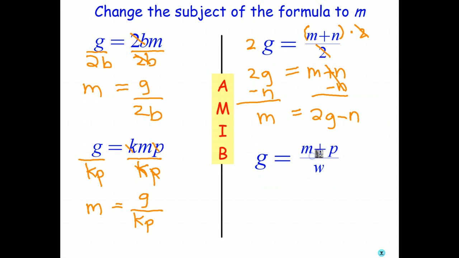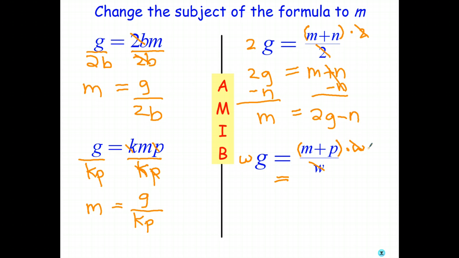Okay, this one is similar. There's no brackets written, but because we've got an addition above the fraction bar, there's implied brackets. Therefore, to rewrite the formula, I multiply by w, I multiply by w.